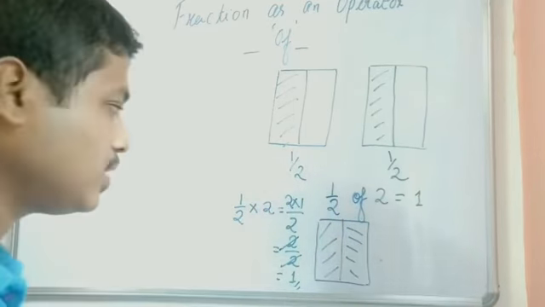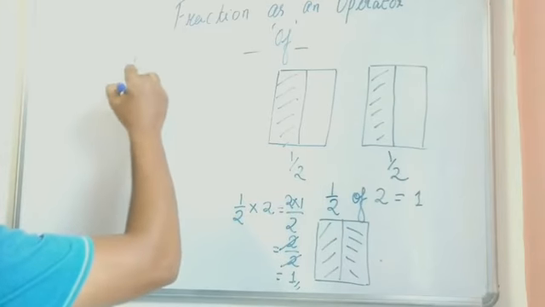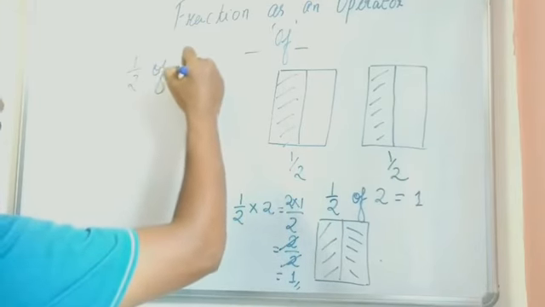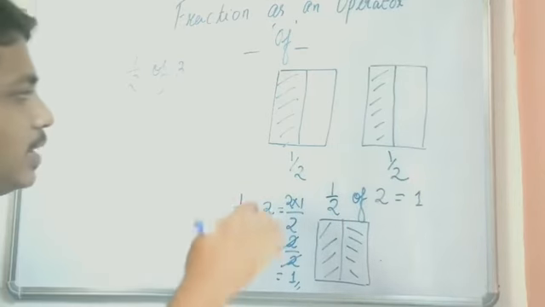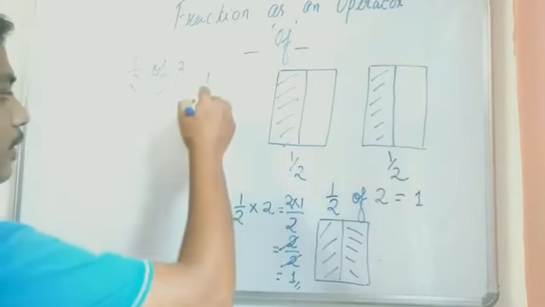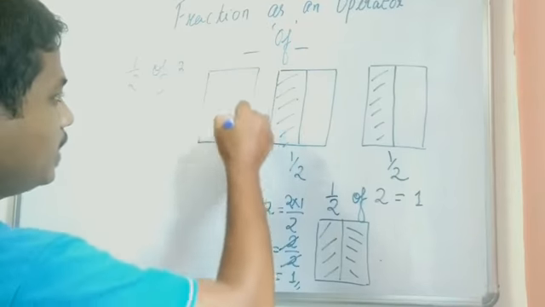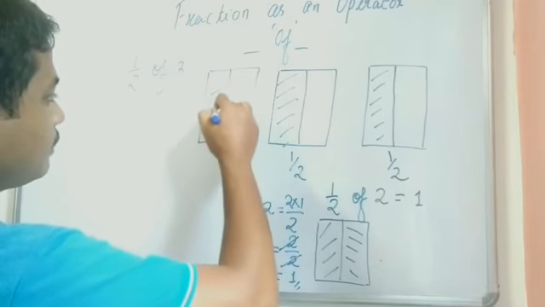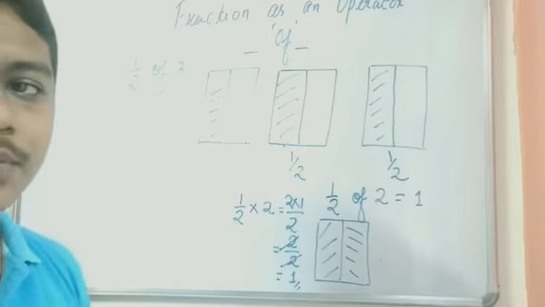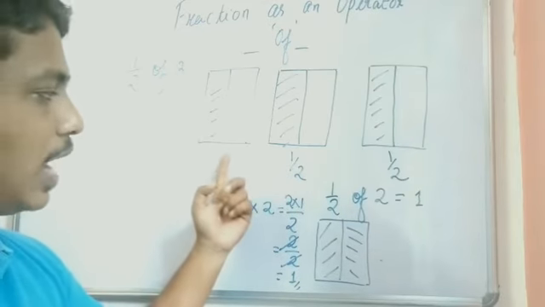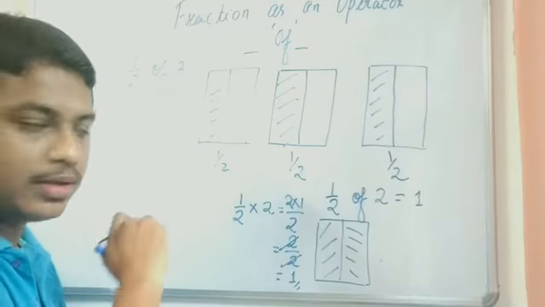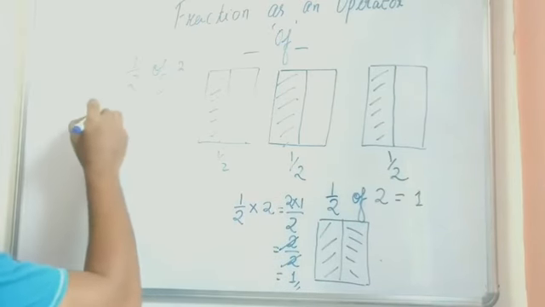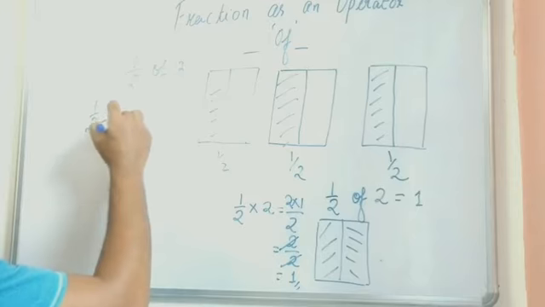In the same way, if I consider half of 3, what does half of 3 represent? Half of 3 means there are 3 figures, with one more object added. This is representing half of 3: half, half, half. So this is 1 by 2, and 3 figures are there. This will represent half into 3.